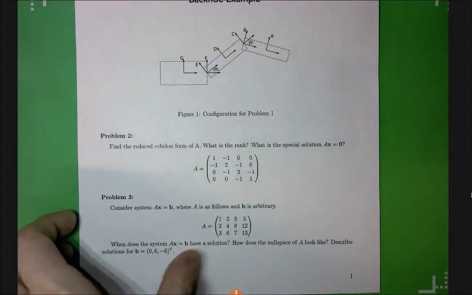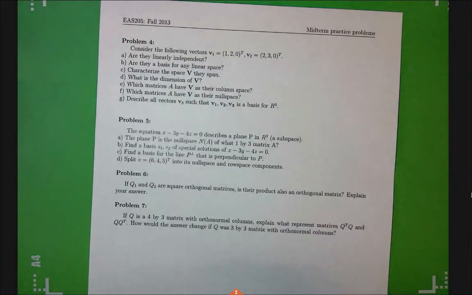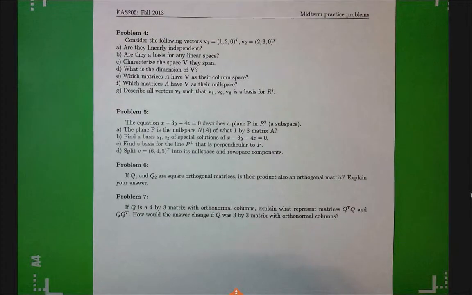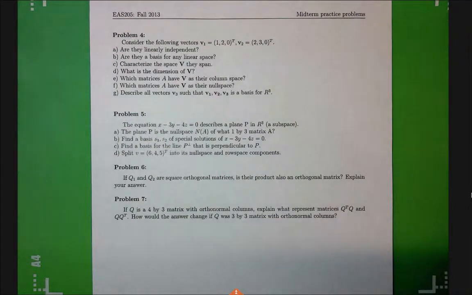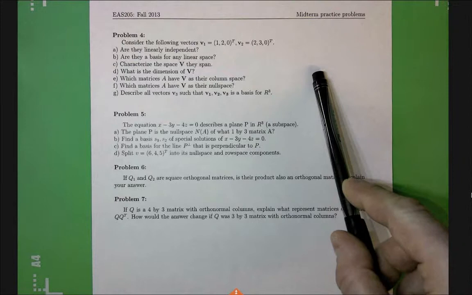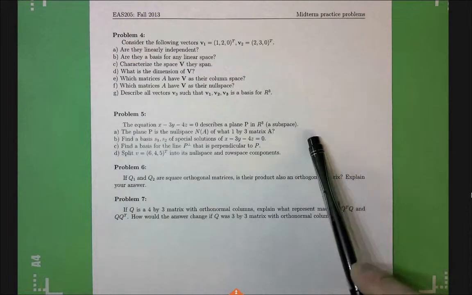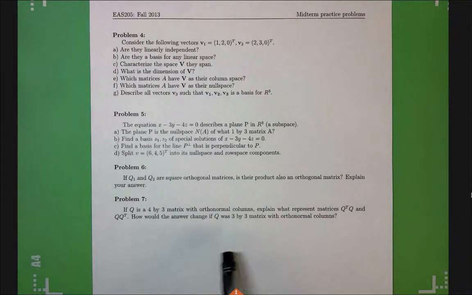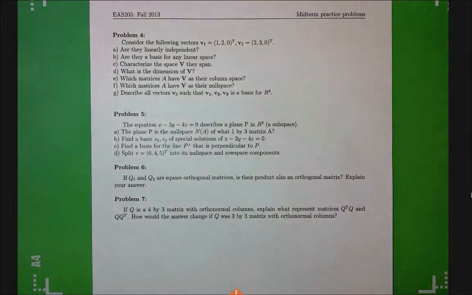This one is similar. And then the second part is about subspaces and orthogonality and some properties of orthogonal matrices, orthonormal matrices. So you can expect a similar structure in the midterm exam.